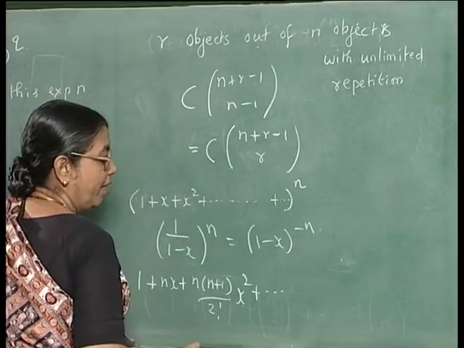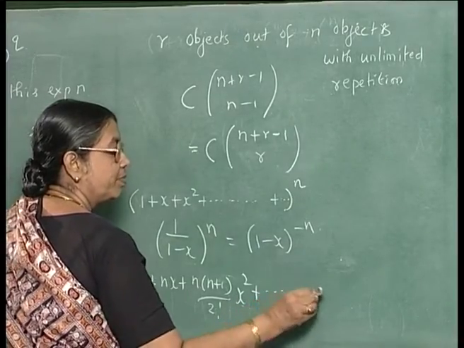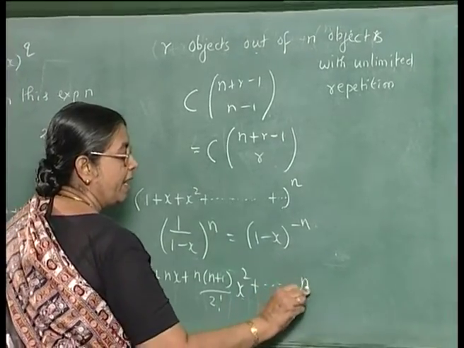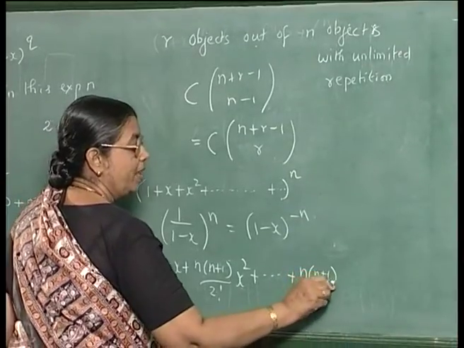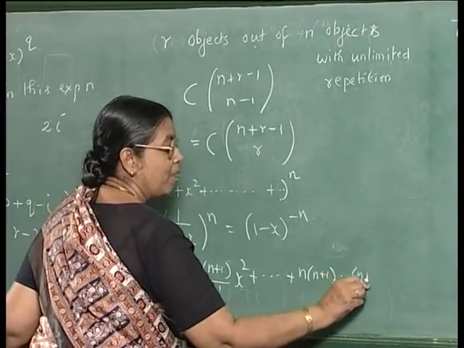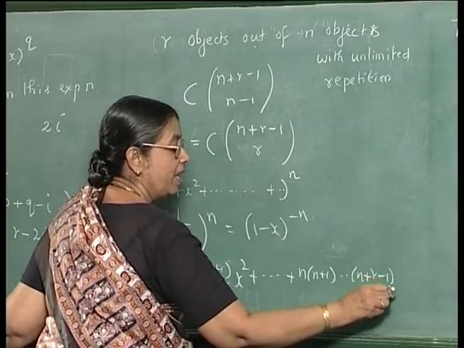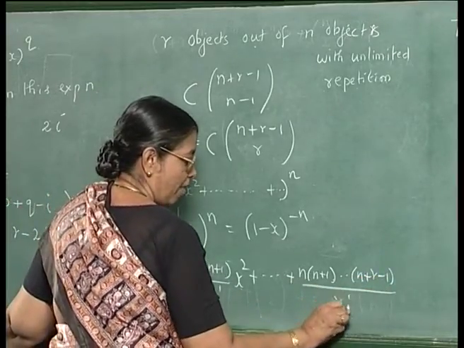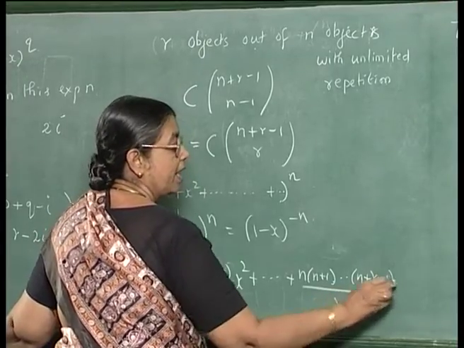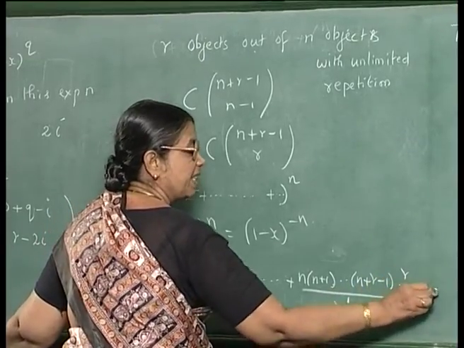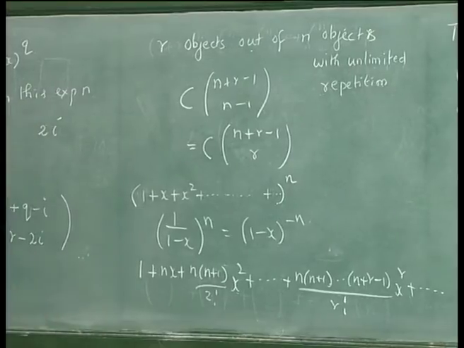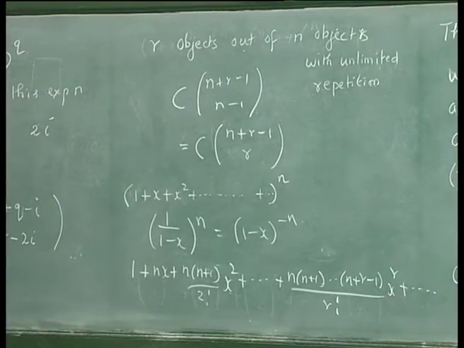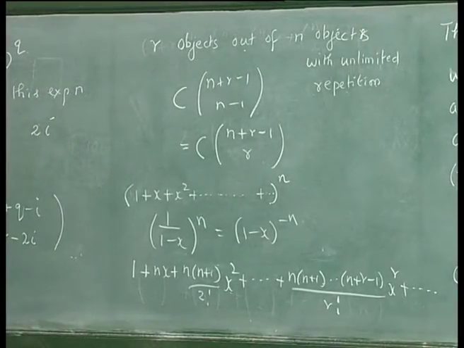The coefficient of x power r will be n(n+1) etc. (n+r-1) by r factorial, x power r, plus etc. If you expand using the binomial theorem, this will be the expression.